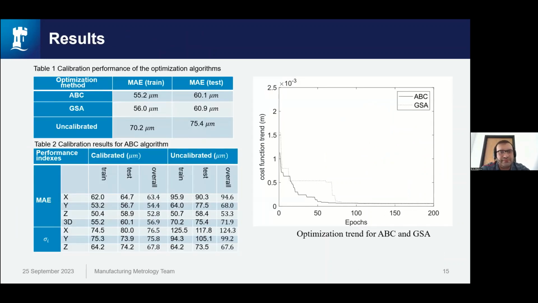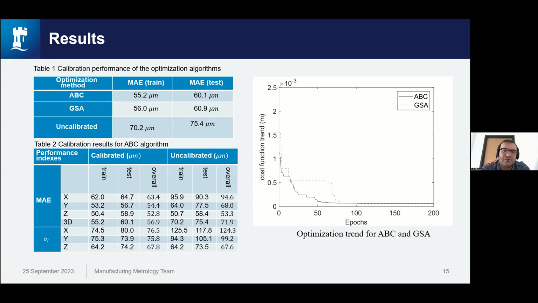So using the artificial bee colony optimization algorithm as well as the gravitational search algorithm, it is possible to find the DH parameters to reduce the mean absolute error from 70.2 micrometers for uncalibrated points to 55.2 micrometers for the ABC algorithm, artificial bee colony algorithm, and 56.0 for the gravitational search algorithm.